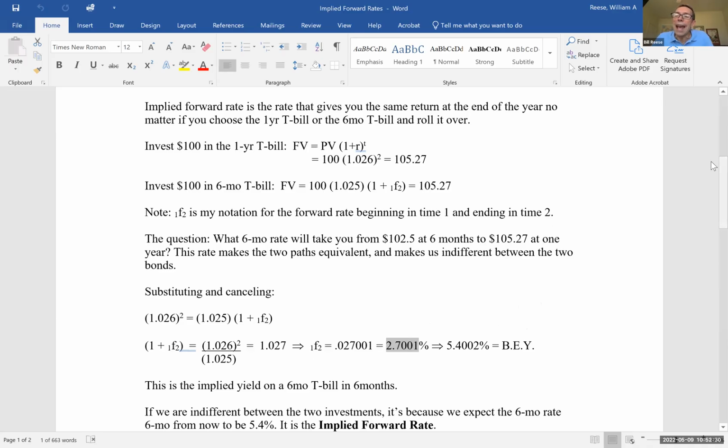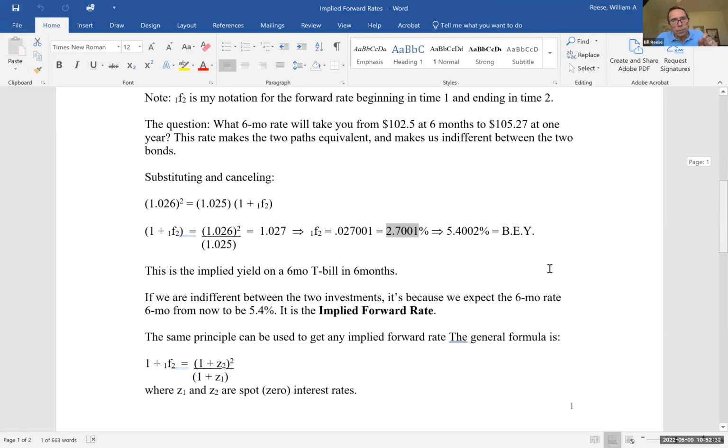So here we have been able to find the implied forward rate. So the implied forward 6-month rate 6 months from now is 2.7001%. If we want to express it as a bond equivalent yield, as an annual number, we simply double that to 5.4002%.